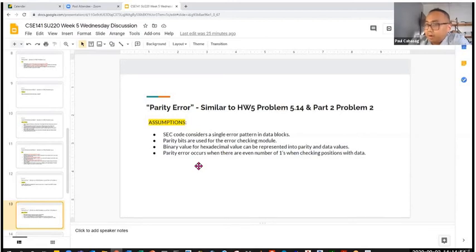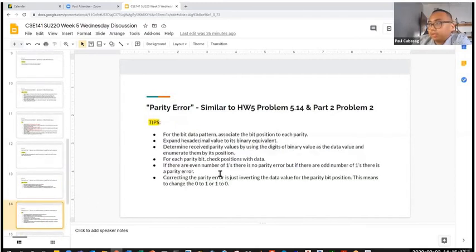You can represent this by breaking it down into parity and data values, and then how you find the error would be if there is an even number of ones from the data, and when you check, how you correct that is shown here.